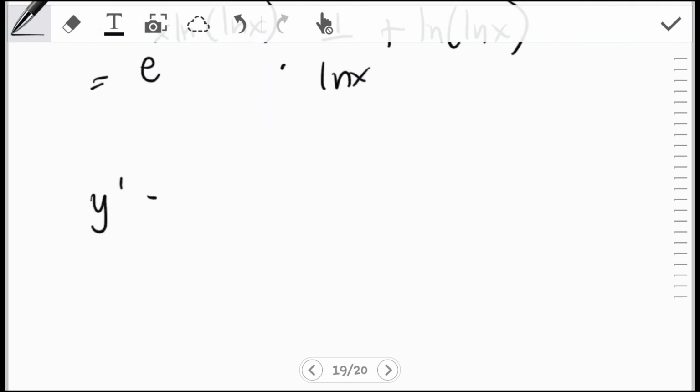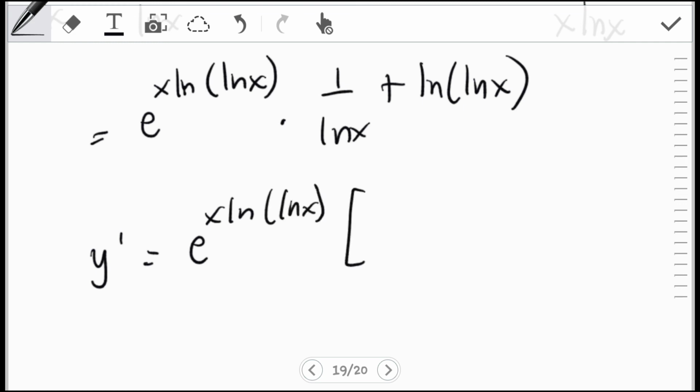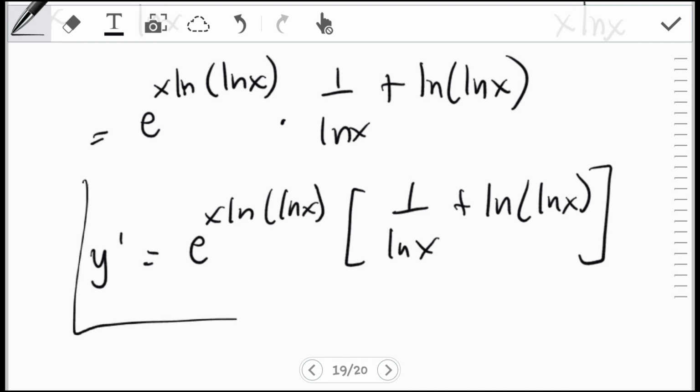The final answer is e to the power x ln ln x times the quantity 1 over ln x plus ln ln x. So that is the final answer.